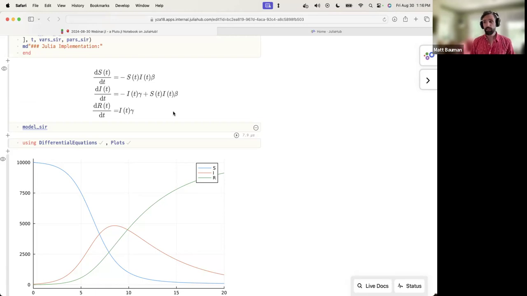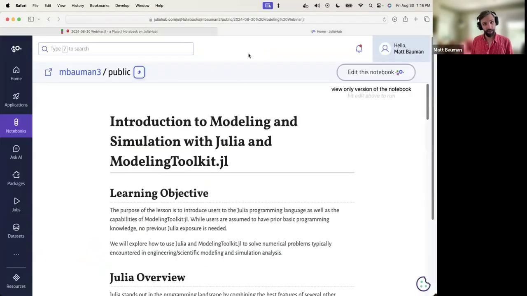I'll pause here. It seems like there are a few questions of how to find this notebook and where to go as you get there. A lot of what I'm going to be doing is starting from scratch from this point forward. You can use any implementation you want, but if you want to start from the starting point I put on JuliaHub, that's at JuliaHub.com.